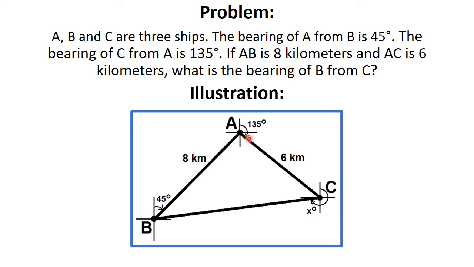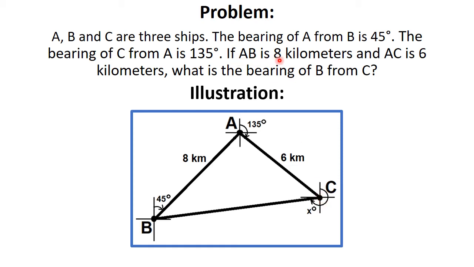So 135 degrees is between 90 degrees and 180 degrees. So we now draw a line from the origin of the axis to a third particular point, which we label as C.